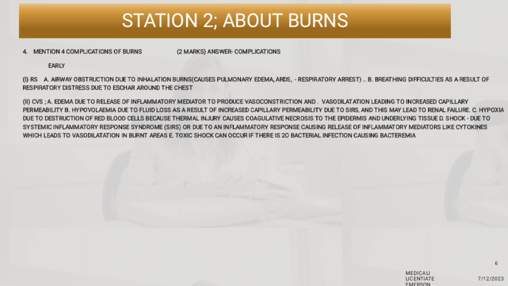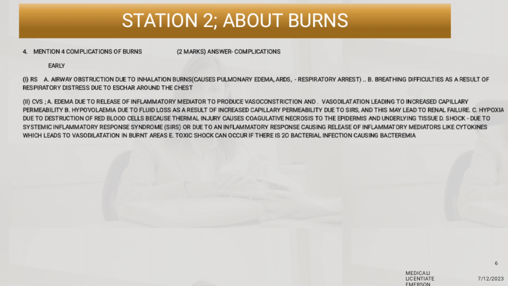Then hypovolemia due to fluid loss as a result of the increased capillary permeability, due to SIRS, systemic inflammatory response syndrome, and this may lead to renal failure.